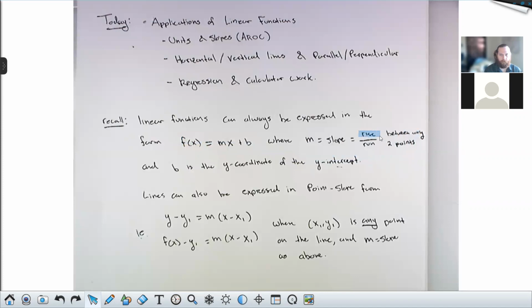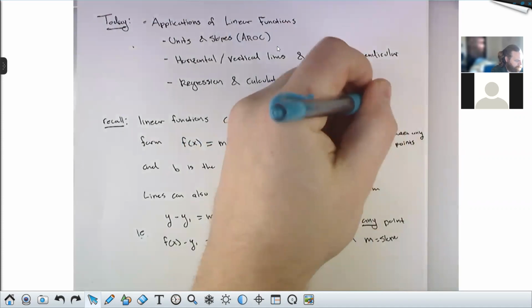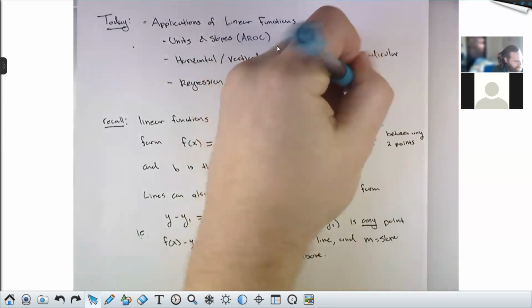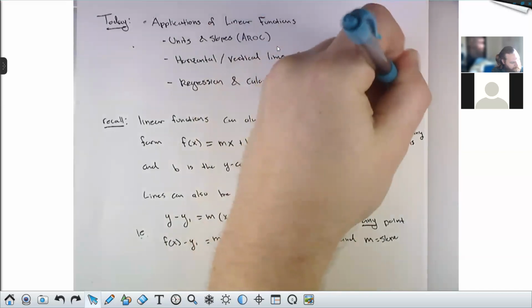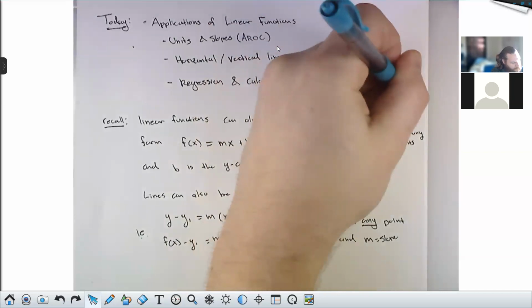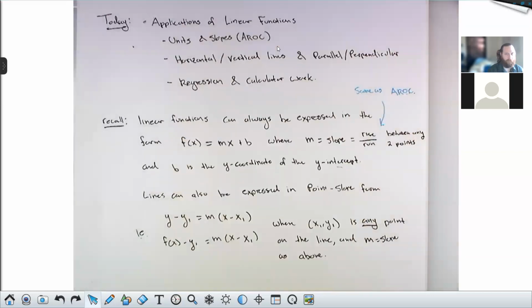The rise is a difference of y values. The run is a difference of x values. And it's the same thing as the average rate of change. I didn't want to put the normal notation for average rate of change in here, the f of b minus f of a over b minus a, because we're already using the letter b here to represent something else.